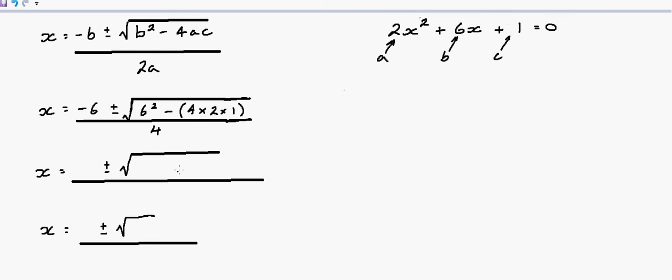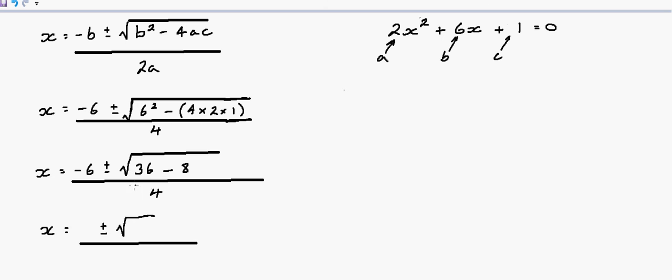Now we shrink the root. So we have minus 6, 6 squared, 36, 4 times 2 is 8, 8 times 1 is 8. So that's minus 8. And again over 4.